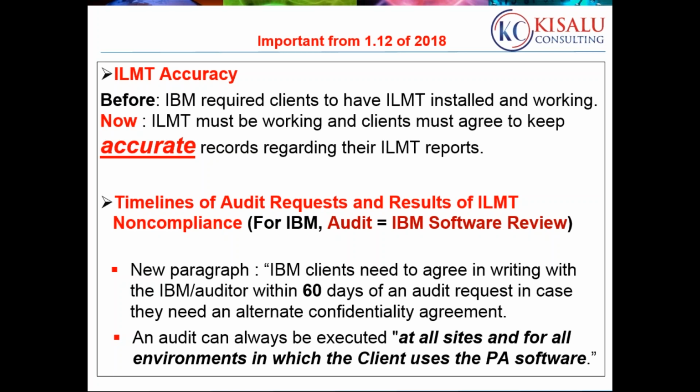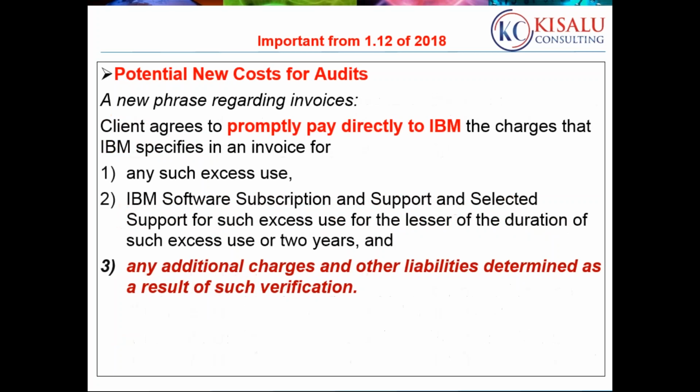And an audit can always be executed at all sites for all environments in which the client uses the Passport Advantage Agreement. So if a customer has multiple sites, IBM has the right to go to all sites and do the IBM software review.